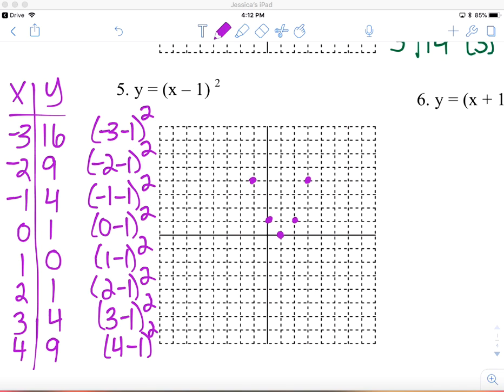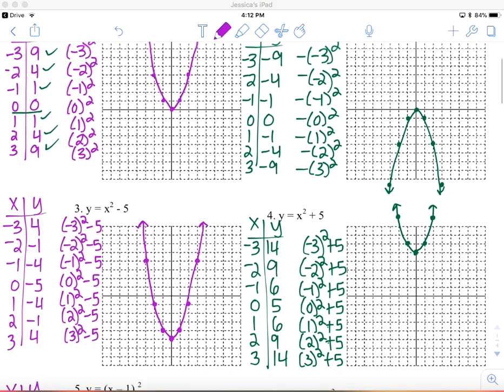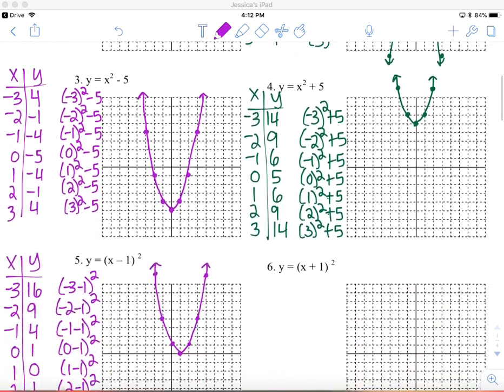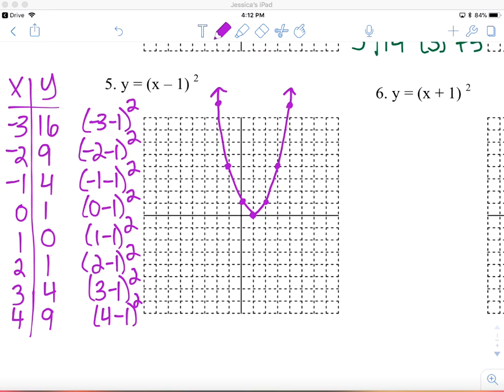We have negative 2, 9, and 1, 2, 3, 4, 9. All right, so if you compare this with our parent function, this minus 1 in the parentheses didn't move it up or down. Instead, the minus 1 in the parentheses actually moved it to the right. We moved every point right 1.